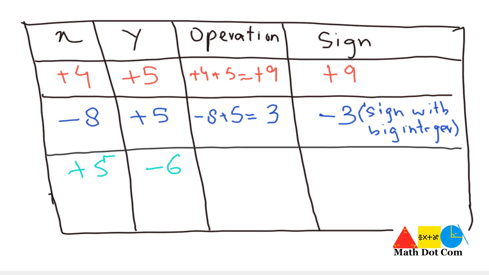That is, plus 5 minus 6 equals, when you subtract 5 and 6, you will get 1. Now what will be the sign with the 1? The sign of the bigger integer. So minus 1. In this case, the bigger integer is minus 6, and in the previous case it was minus 8. The sign with the big integer.